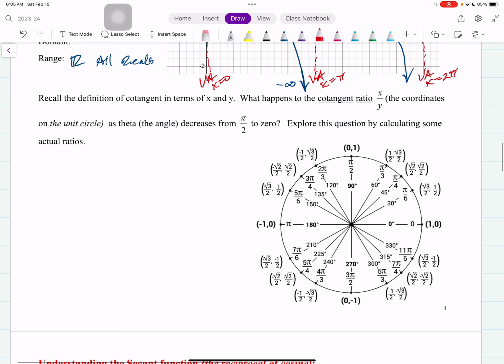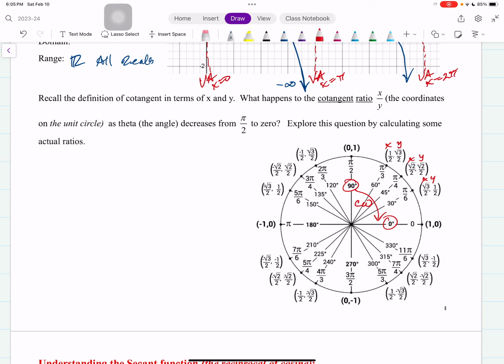We're going to go pi halves rotating to 0, so we're rotating clockwise. We're going to take all the x coordinates divided by the y coordinates and see what happens. Just a little investigation, and then I'll show you a different way to think about it as well.